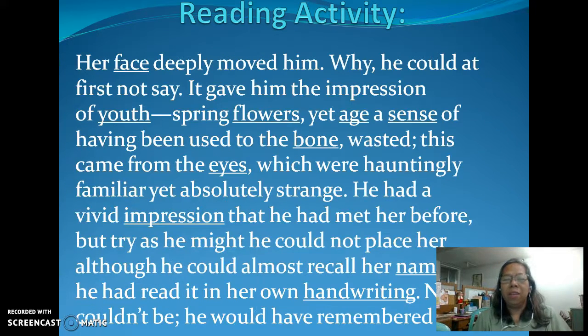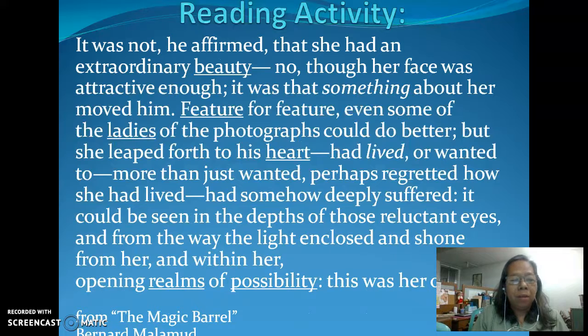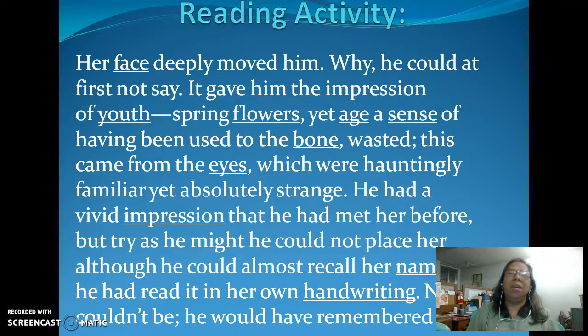Okay? So what I'd like you to do now is to read a portion that I got from the magic barrel. And as you read, you will notice that some of the words have been underlined. Okay? So what I'd like you to do as you read is to identify whether these underlined words are concrete nouns or if they are abstract nouns.